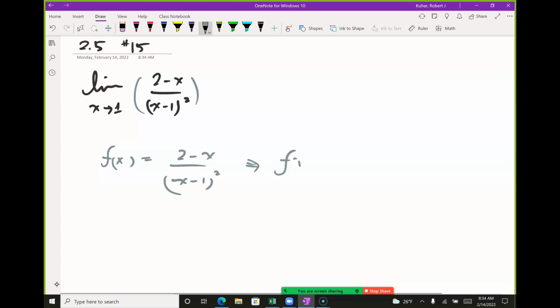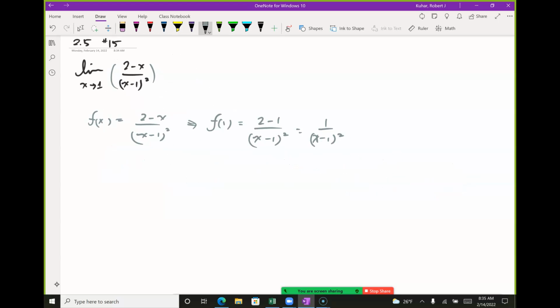But when I plug in 1, I put the 1 where I can. So I get 1 over 1 minus x minus 1 quantity squared. So you can see I can't put the 1 downstairs, I'd get a 0. But I know at 1, this is what I call my short run behavior.